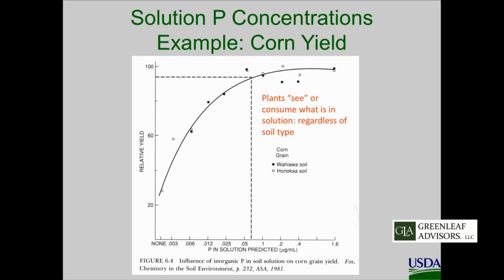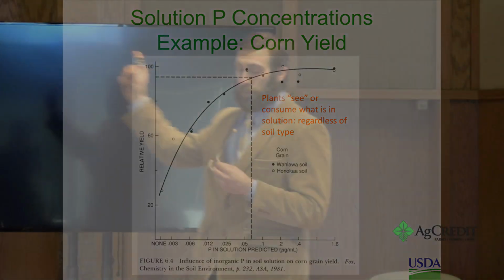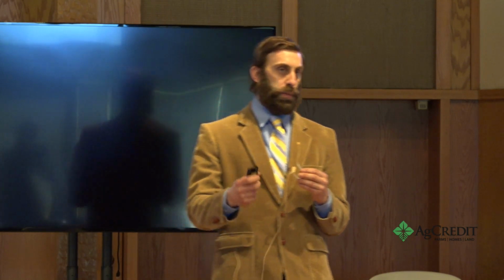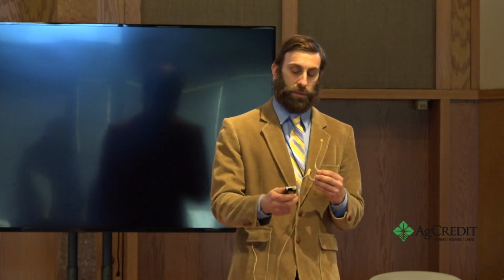It doesn't matter the soil conditions. Plant roots see the phosphorus that's in solution. That's what controls it. That's why it's universal. You probably can't see any of these slides at all. There are two different soil types plotted up there, but they all fall on the exact same line. The solution phosphorus concentrations with regard to plant response are universal. It doesn't matter what the soil type is, it doesn't matter where it is.